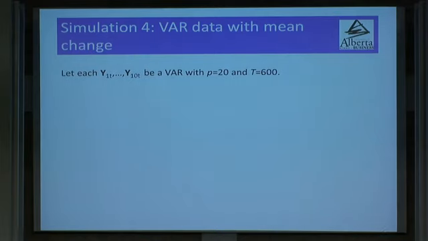So that's for a single subject. What happens if we have multiple subjects, and a dependency structure change or functional connectivity change, and we also have a mean change? Here we have 10 subjects, and each subject is a vector autoregression with 20 time series and 600 time points.